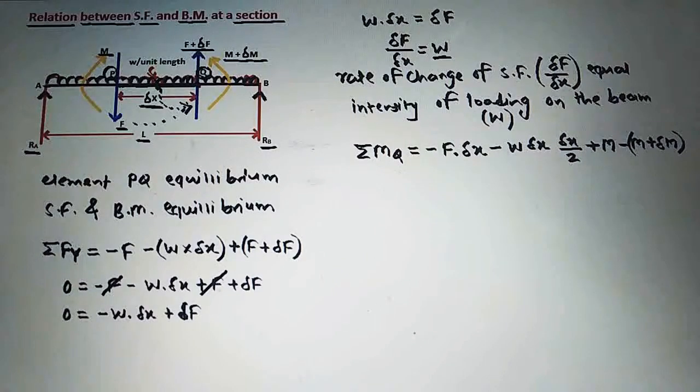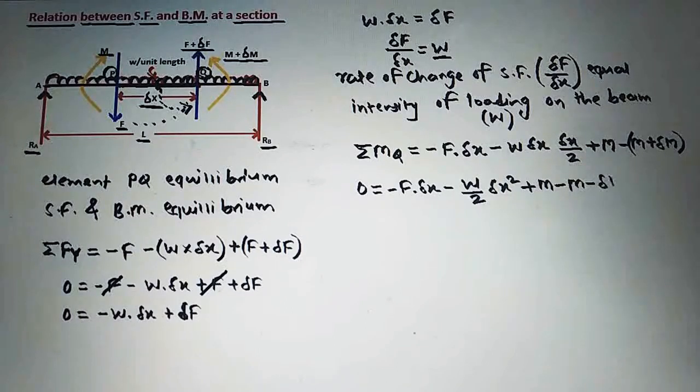Now we will take the condition of equilibrium. If we take the condition of equilibrium, then the algebraic sum of moments about point Q is equal to 0. So 0 is equal to minus of F into delta X minus of W divided by 2 into delta X into delta X, it will be delta X square, plus M minus M minus delta M here. So this plus M and minus M will get cancelled here.